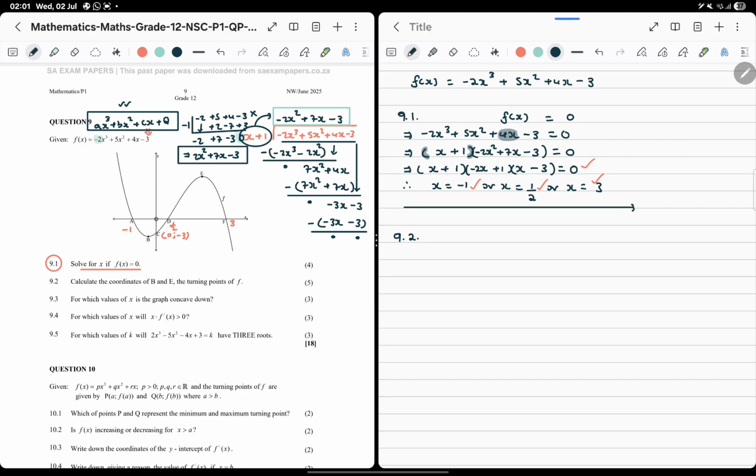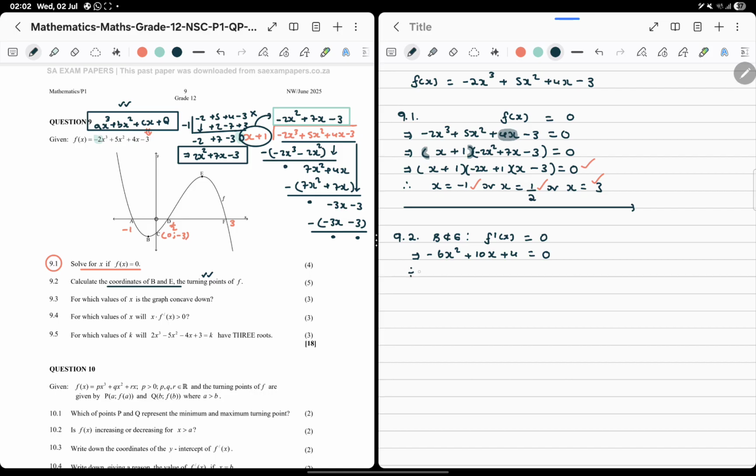Okay, 9.2, we need to calculate the coordinates of B and E, the turning points. So we know that B and E are such that the first derivative is equal to 0. Which implies we differentiate here, we get minus 6x squared plus 10x plus 4 equal to 0.